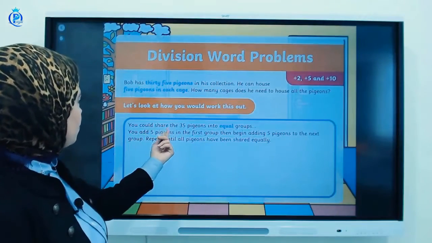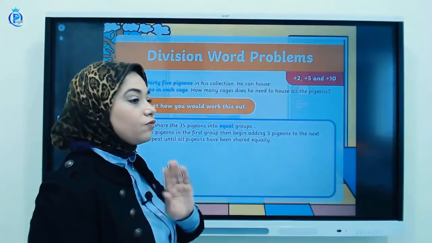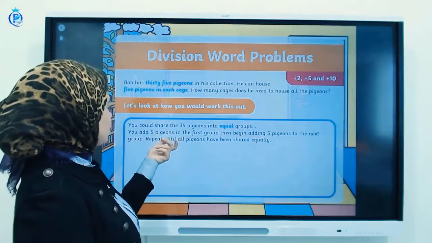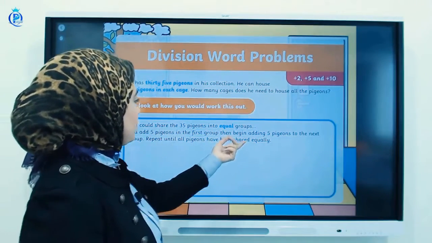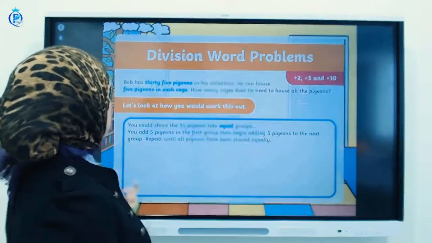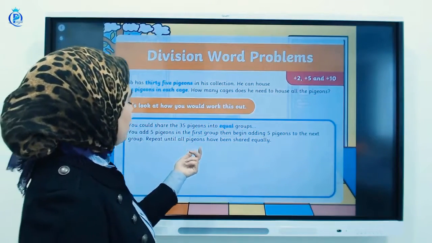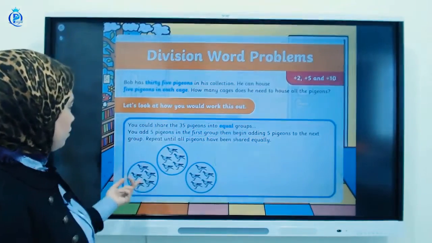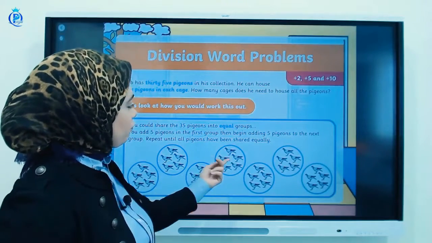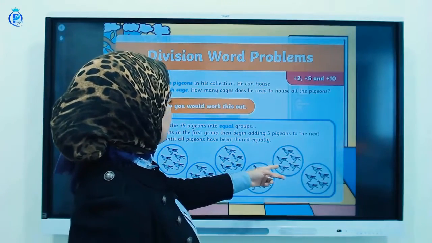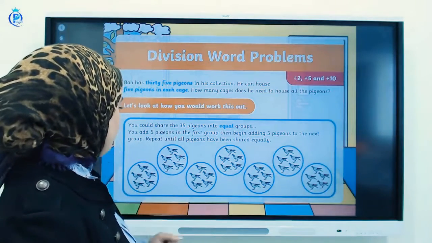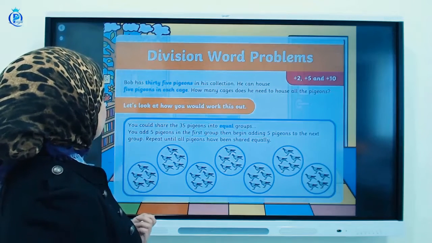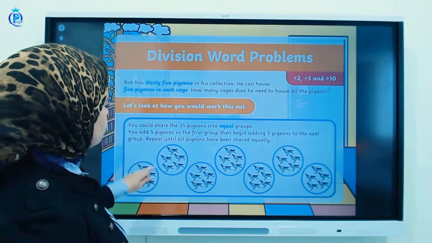You could share the 35 into equal groups. Of course, I must share them into equal groups. You add 5 in the first group, then begin adding 5 to the next, and repeat until all have been shared equally. So, I have 1, 2, 3, 4, 5, 6, 7 groups, 7 groups, because I have 35 and 5 in each group.